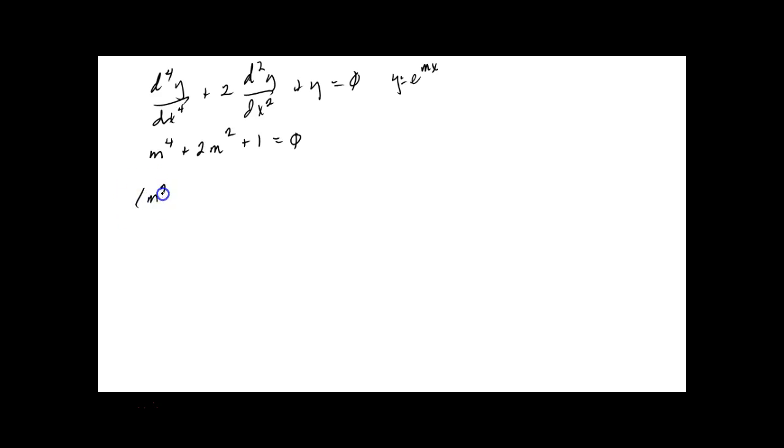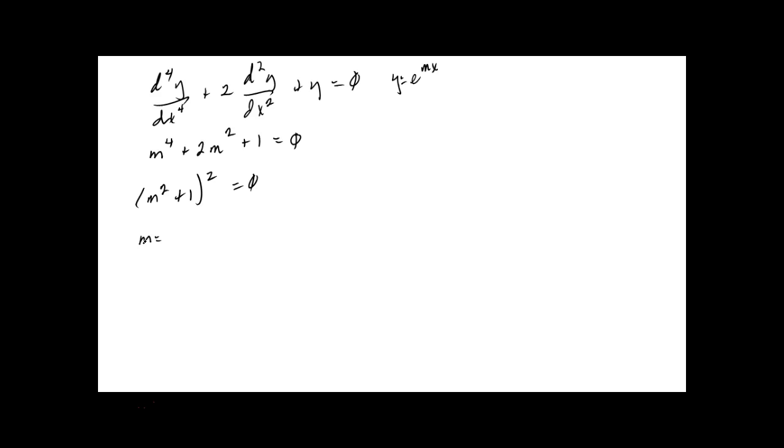M squared plus 1, both of them, squared. Got it. And what does that give you? Okay, m squared is equal to negative 1.